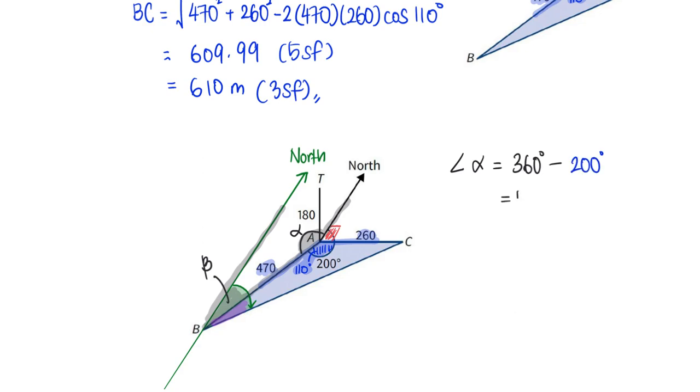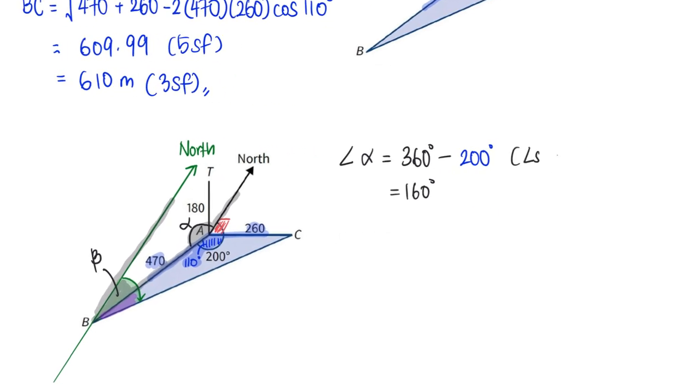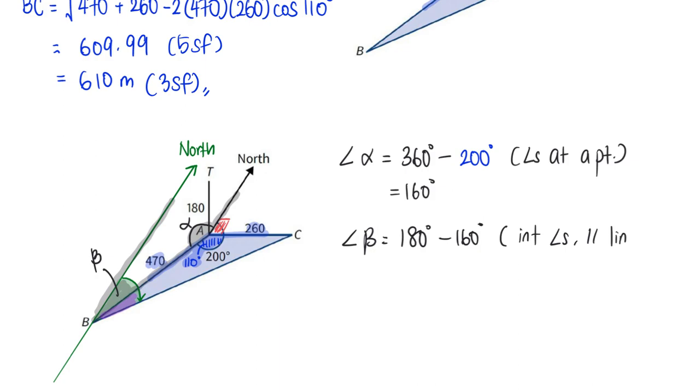That will give me 160 degrees, because this is angle at a point. Then my angle beta will be 180 minus 160 degrees, because these are interior angles for parallel lines. 20 degrees. First part done. Second part.